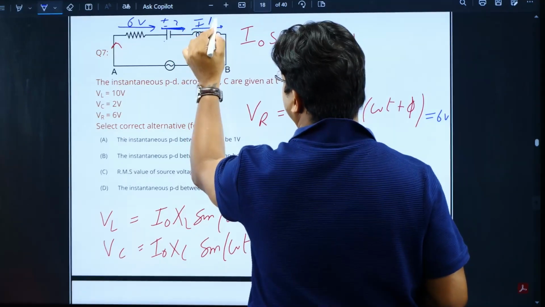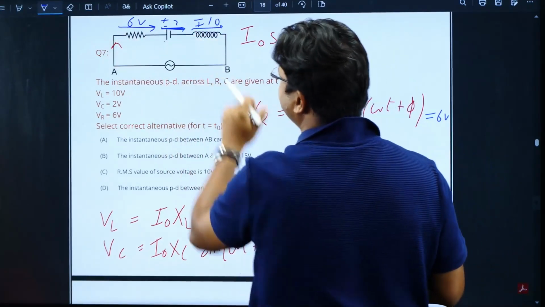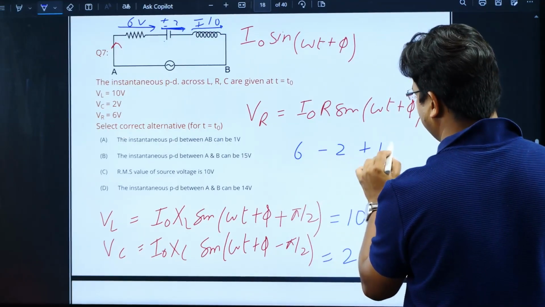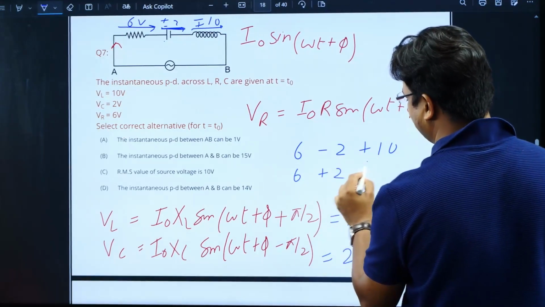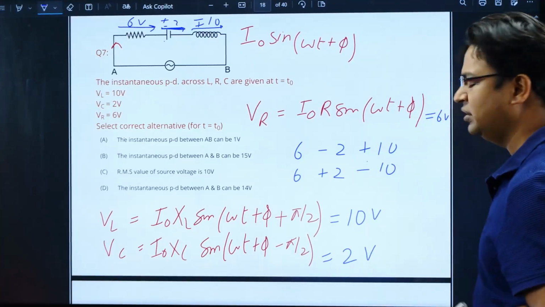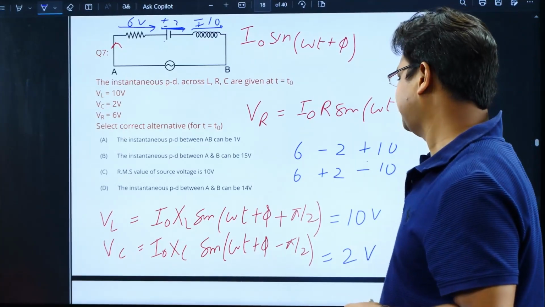I'll reverse the signs. So the possible values of the potential difference between A and B are 6 minus 2 plus 10, or 6 plus 2 minus 10. These are the two possibilities.